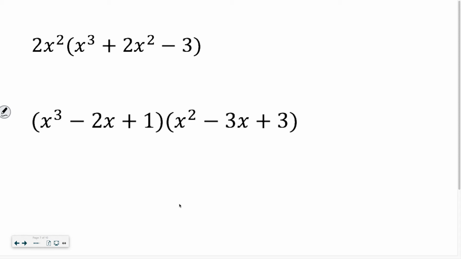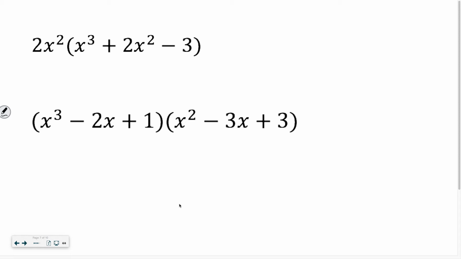So would it be 2x to the 5th? When you multiply powers, you add the exponents. Okay, a few minutes. We'll try it another time. Don't know how to multiply?